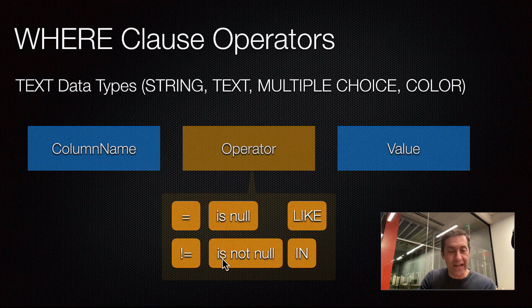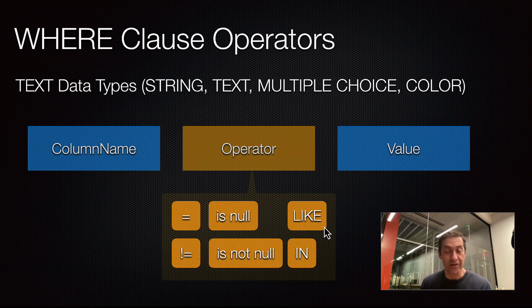Is null and is not null will give you an ability to retrieve records where a specific column contains either a null value or a not null value. And like and in are a little more advanced. I will actually show you specific examples once we go through these slides so you can see how they work. But briefly, I will describe that like gives you an ability to retrieve the values where the value in the specific column matches a certain pattern.